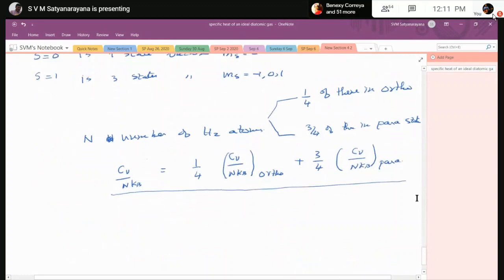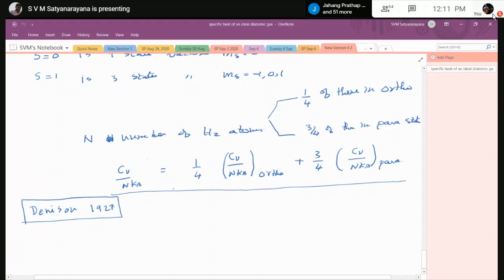Now this particular work was done by someone called Denison in 1927, where he showed that the specific heat for hydrogen, whatever deviation from the theory, can be explained if you use this kind of ortho-para treatment.